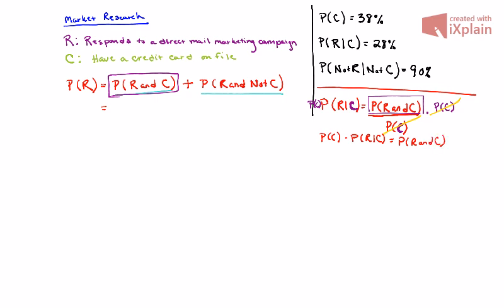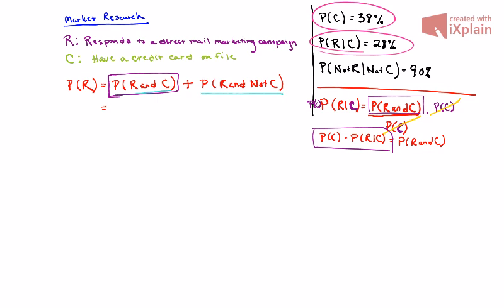So I'm going to take what I have on the left-hand side and substitute it in for the probability of R and C. I'm just going to swap out those two probabilities, because if you notice with what I have in black, I know what the probability of C is, and I also know what the probability of R given C is.